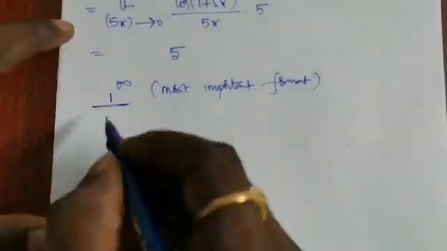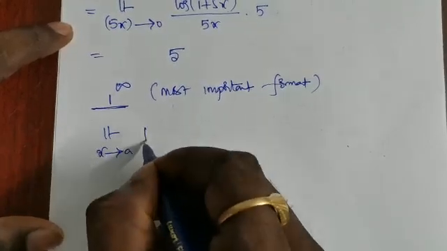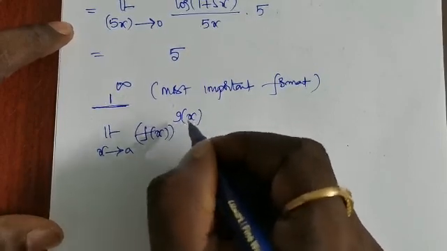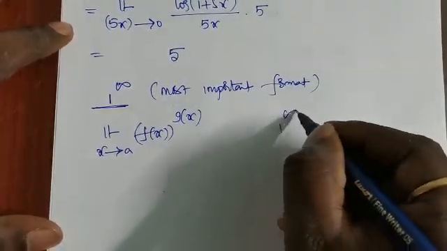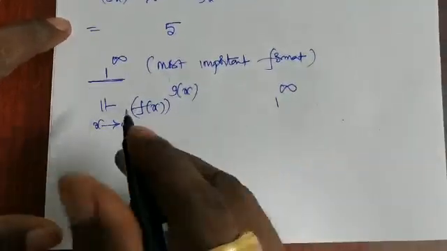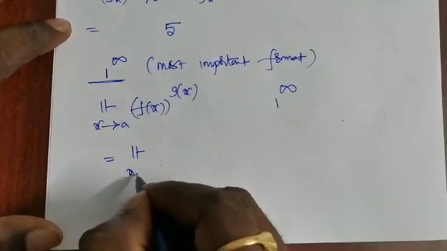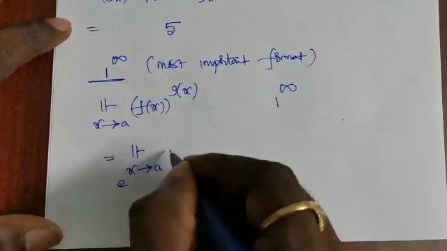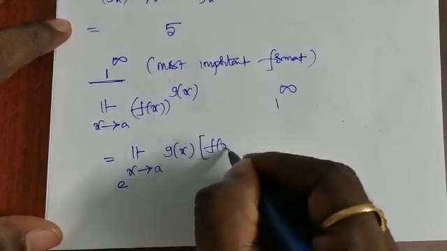If the limit is like limit x tends to a, f of x whole power g of x, and if we solve this limit and get 1 power infinity, then by using this equation we can solve these problems. That is e power limit x tends to a g of x into f of x minus 1.